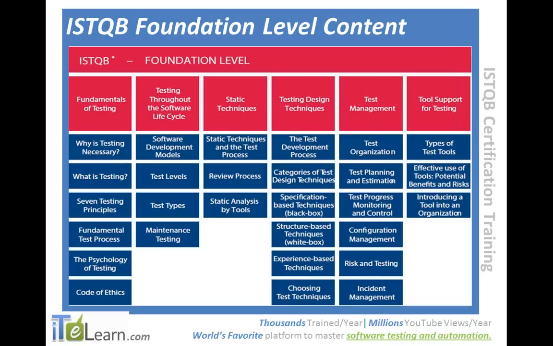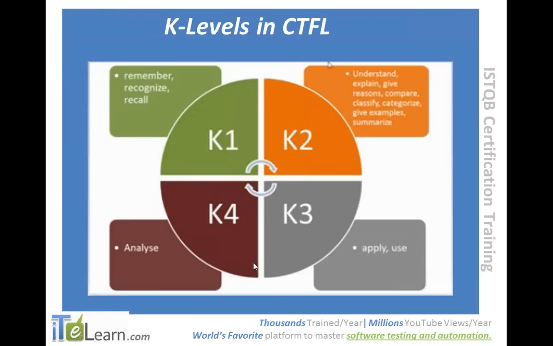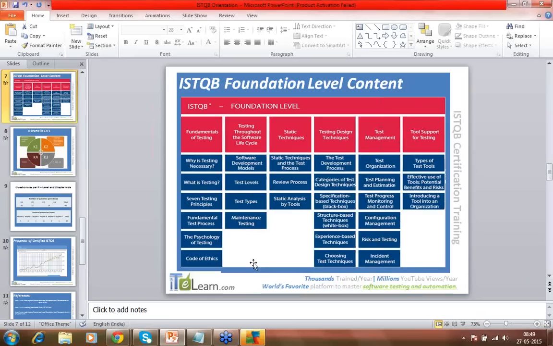In the second chapter, we'll talk about the complete software development lifecycle models: waterfall, agile, spiral, and there are other models like the V model, prototyping model, etc. Then we'll talk about different levels of testing.